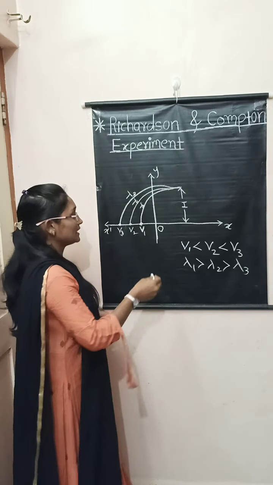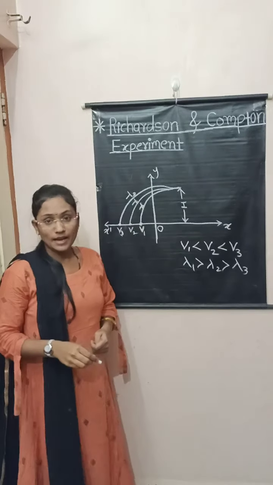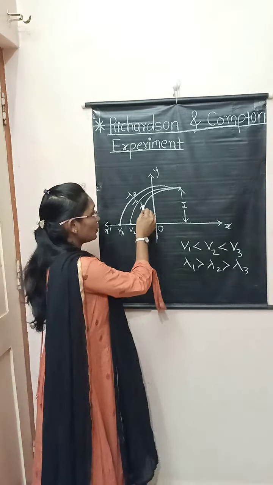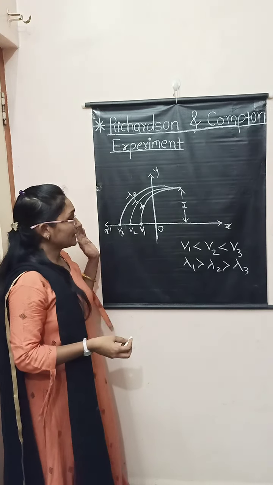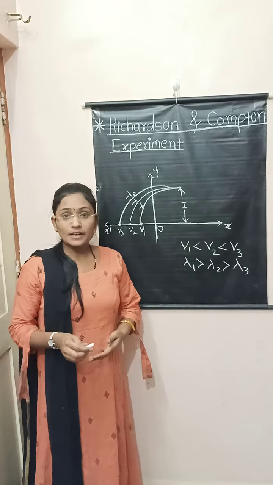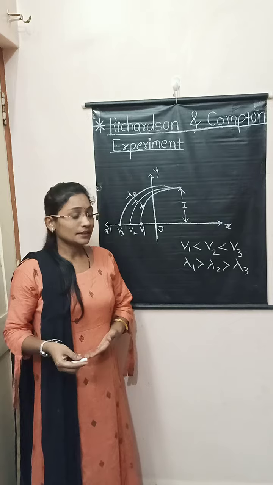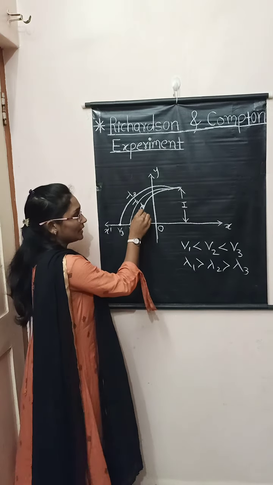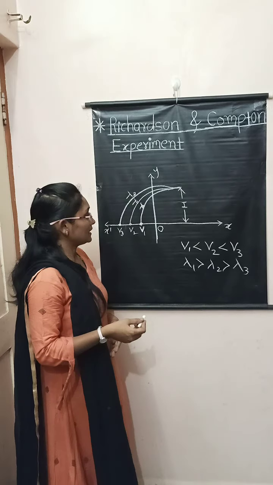We know that wavelength is denoted by lambda, so the value of lambda also increases. So from this graph we conclude that when the kinetic energy or velocity of photoelectrons increases, the frequency of incident light also increases.